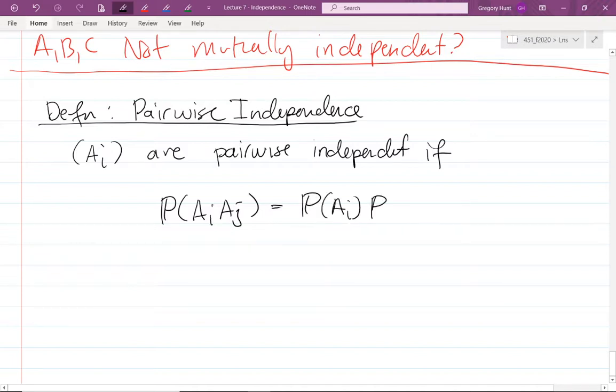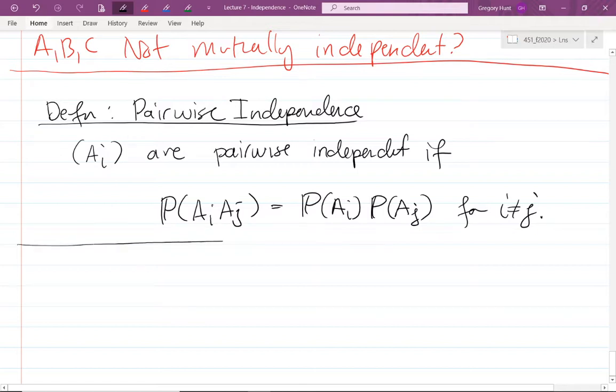That is, the probability of A_i intersect A_j is the probability of A_i times the probability of A_j, for i not equal to j.